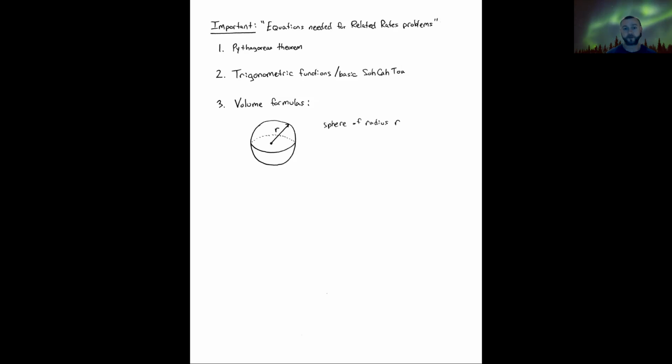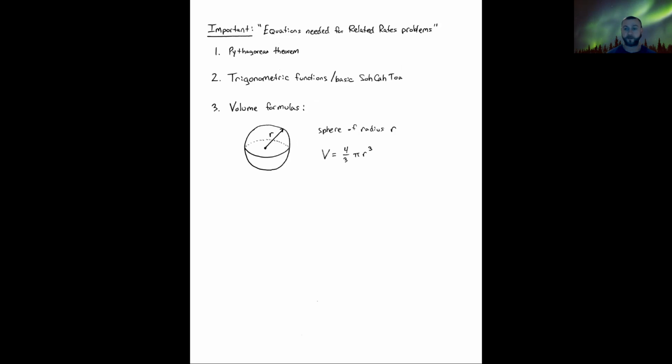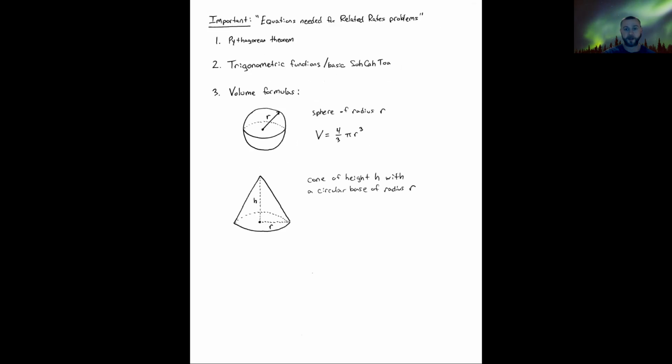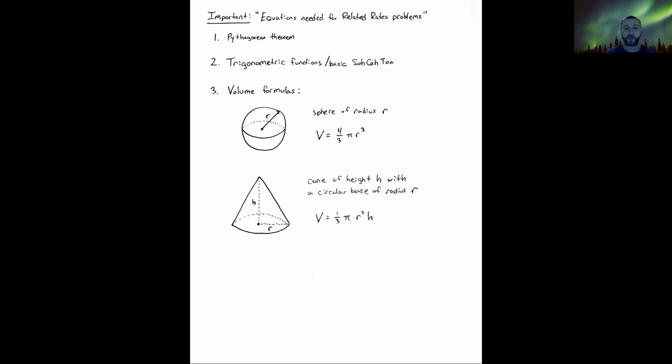So a sphere of radius r, hopefully you are familiar with the volume formula, 4/3 pi r cubed. And then one a little maybe more unfamiliar, a circular cone of height h and base radius r. The volume here is 1/3 pi r squared h.